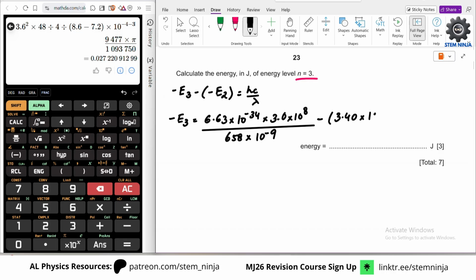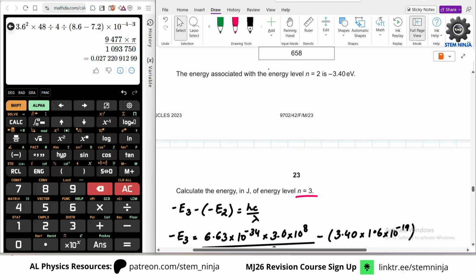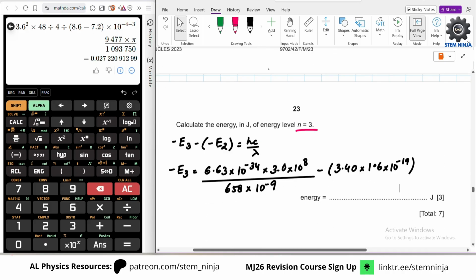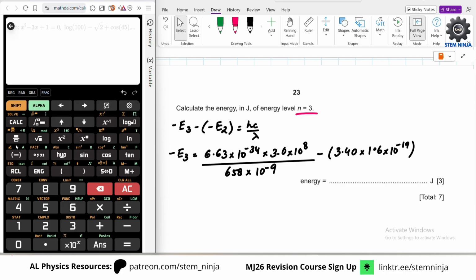So this is times 1.6 times 10 raised to power minus 19, so this will now be in joules.